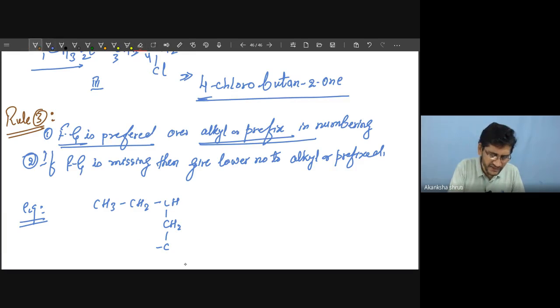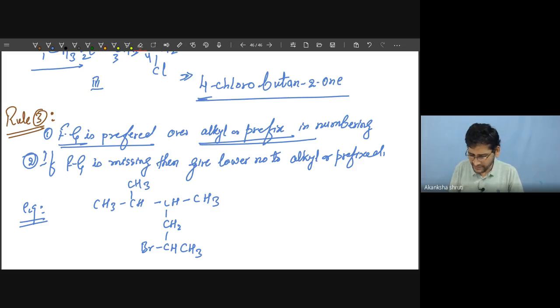It is attached with Br, H, C2, or let me write CH3, then attach one more CH3, then let me attach one more here, CH3. I reduce this, adjust the valence. Name of this we have to give.